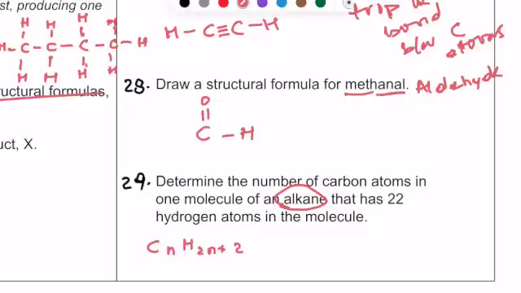We can figure out that if we want to make this 22, and we have 2 here, we are left with 20 hydrogens. If we multiply this by 10, that will be 20 plus 2, 22 hydrogens. That means we should have 10 carbons. So your formula will be C10H22.